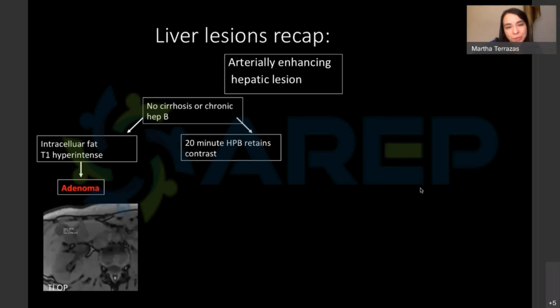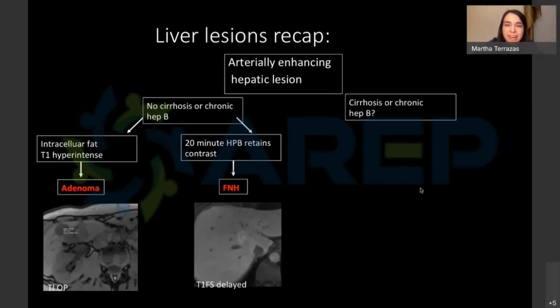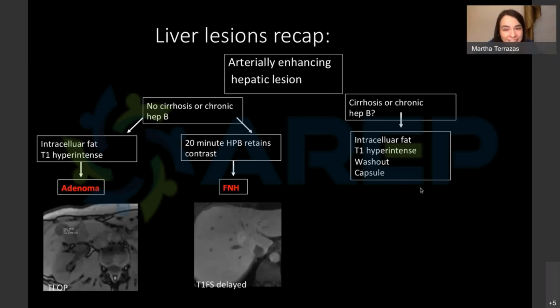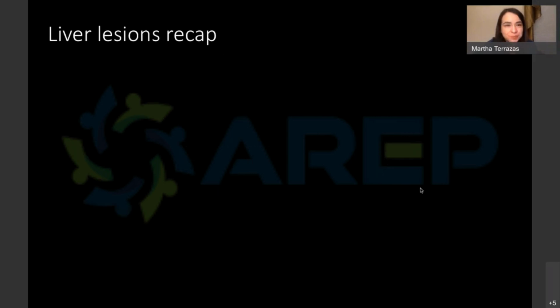So that would be an adenoma. Do we have a 20-minute hepatobiliary phase? Did it retain contrast like we had in this case? It does. It's an FNH. And then does the patient have cirrhosis or chronic hepatitis B? Does that lesion have intracellular fat, T1 hyperintense bleeding, washout, or capsule? We're dealing with HCC, and we'll talk about that in a separate lecture.